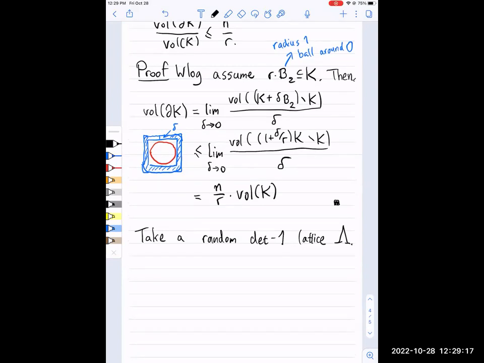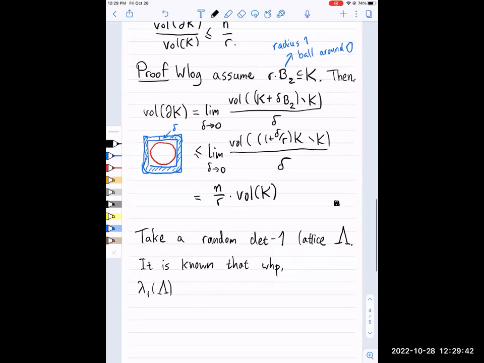So I'm just basically giving you a proof of the following property. It is known, and again, it follows from this Siegel theorem, that with high probability, lambda one, the notation I use for the shortest vector in the lattice, the non-zero vector, 0 is always there, but the non-zero vector, is at least square root of n over 2 pi e.